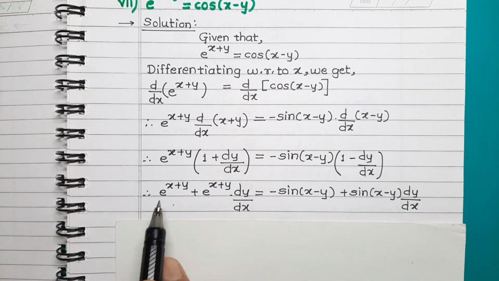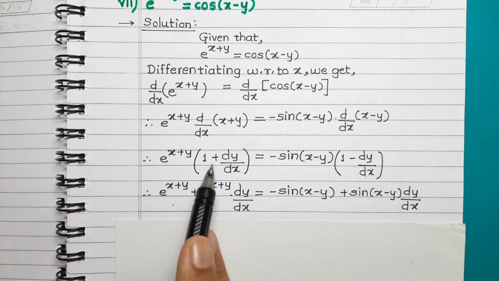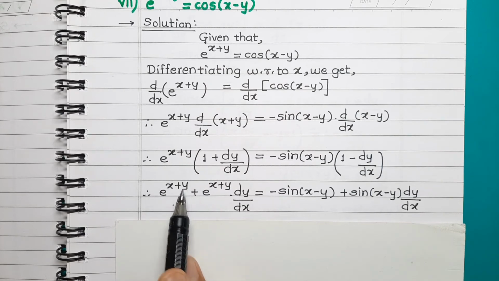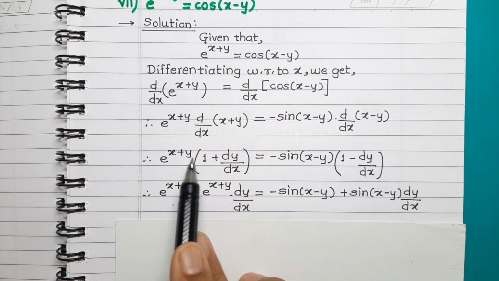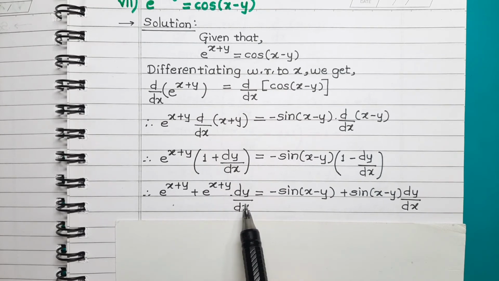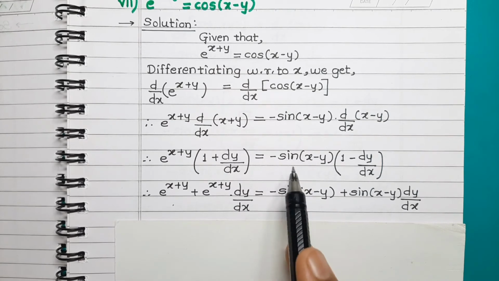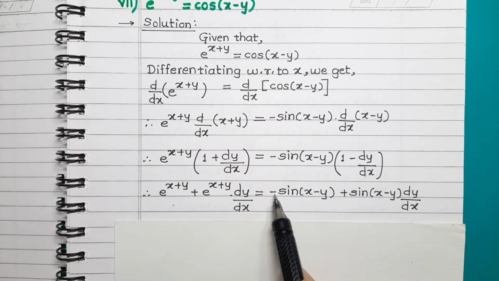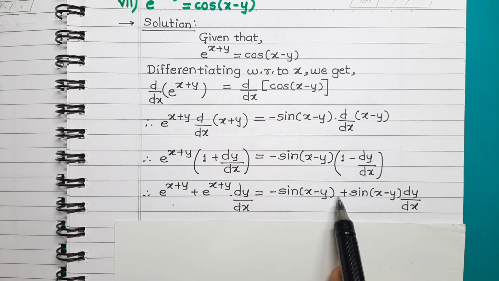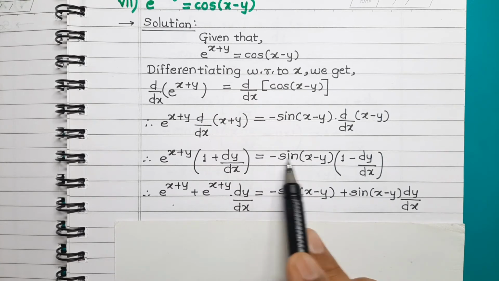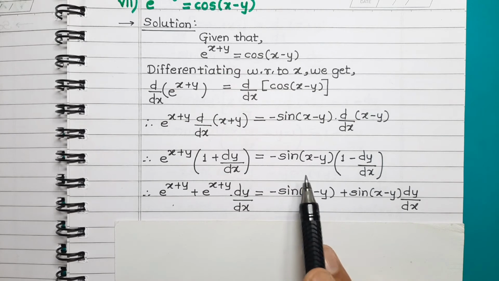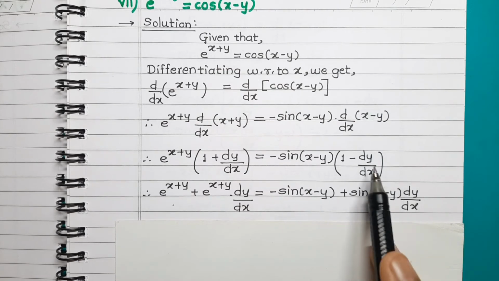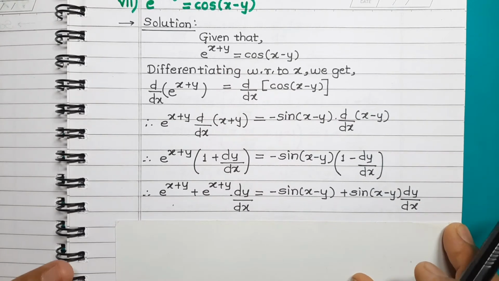So here e raised to x plus y into 1 is e raised to x plus y plus this product is e raised to x plus y into dy by dx is equal to, let's multiply this minus sine x minus y to bracket to get minus sine x minus y plus, this minus minus becomes plus sine x minus y into dy by dx.